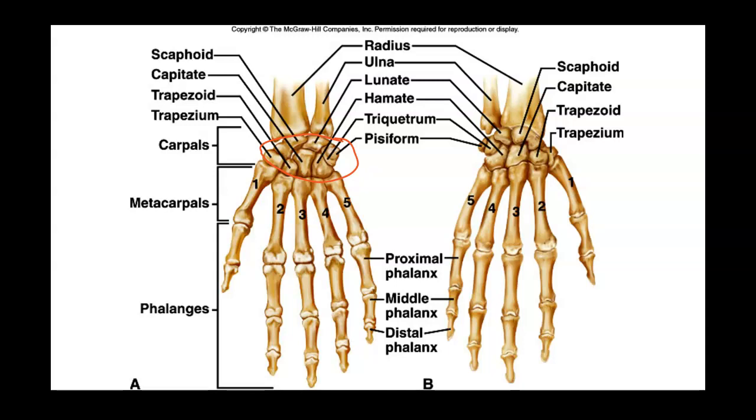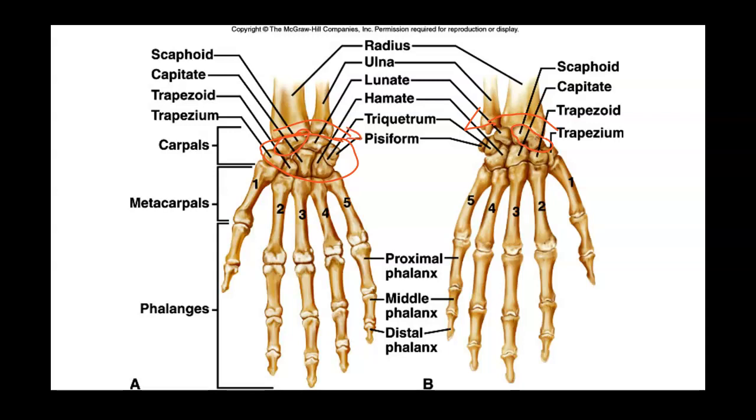So with the carpals, one easy way to help remember these bones in order, you always start with the scaphoid, which is going to be the first upper bone, and then you're going to work your way across. And so if you look over on this side, you're starting here, work your way across.